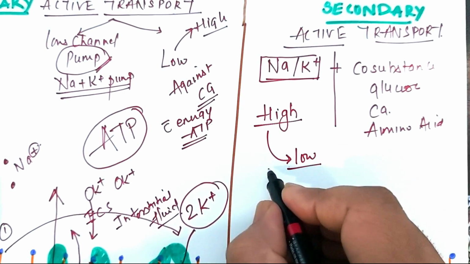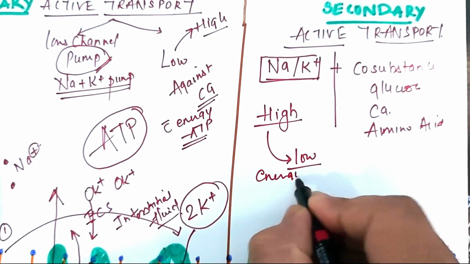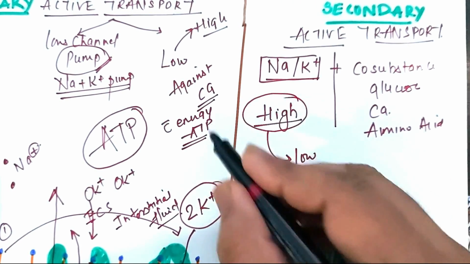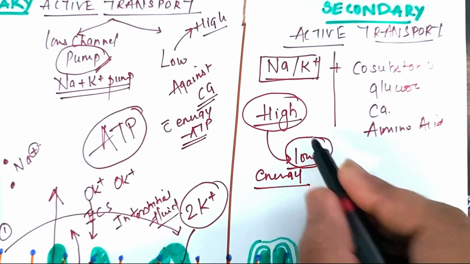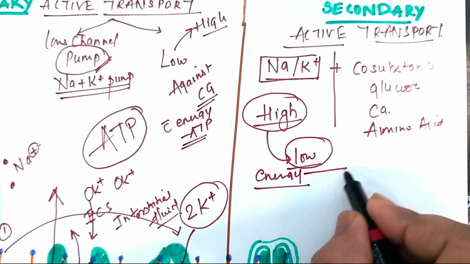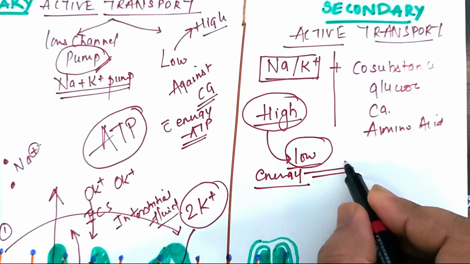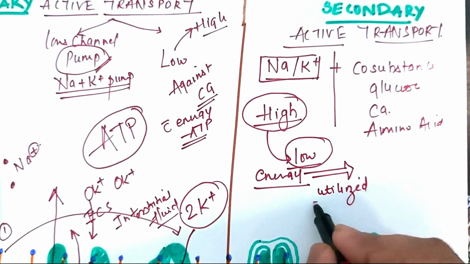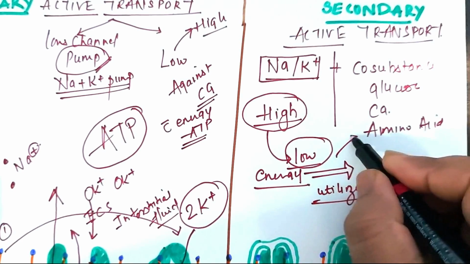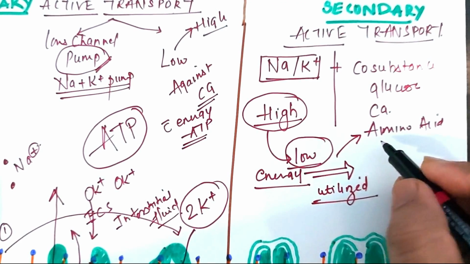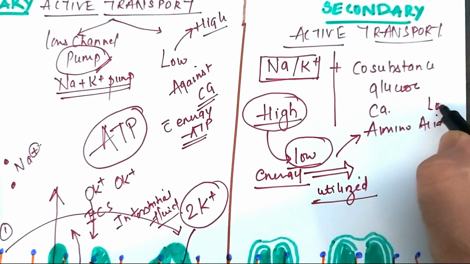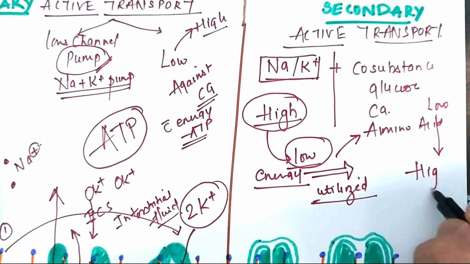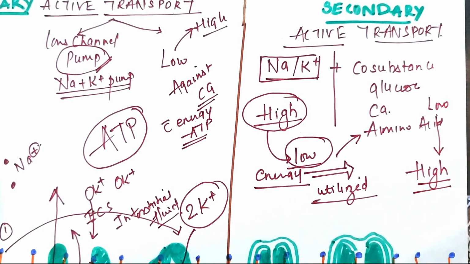This energy produced by the movement of these molecules from higher to lower concentration is utilized by the co-molecules which need to be transported from low concentration towards high concentration, as simple as that.